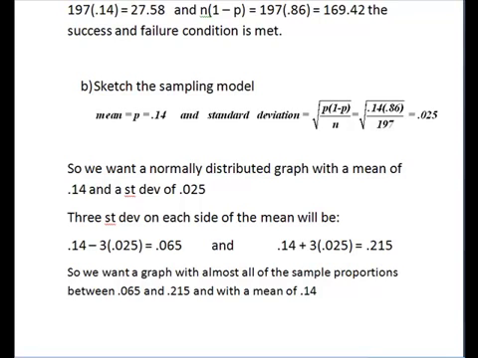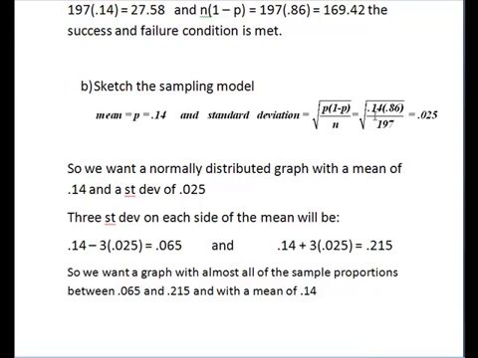Part B, sketch the sampling model. What we need to do is find out what the mean and standard deviation are for this distribution. The proportion of nearsighted children, we're told, is 14%, or 0.14. That's the mean. The standard deviation is given by the formula in the central limit theorem.